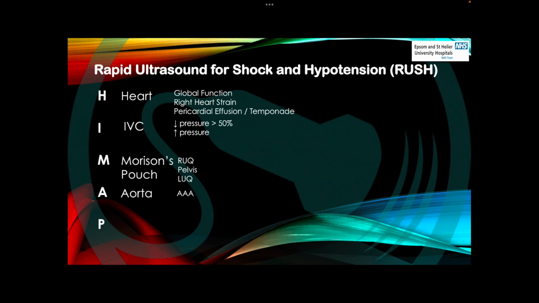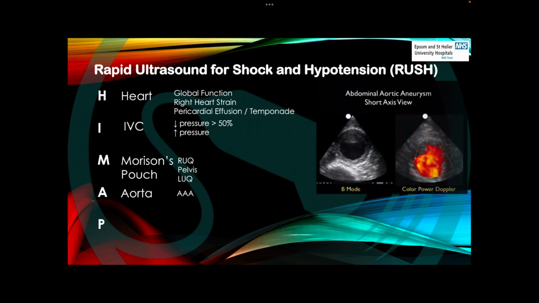If we get to A, which is the triple A, the aorta, always keep in your mind that triple A means 3 A's, which means that the upper limit for the abdominal aorta is 3 centimeters. So if it is more than 3, it means that it is an aortic aneurysm. Looking at this image, you can see that this is the aorta, this is the outer wall of the aorta, and this is the inner wall, and here this is the aneurysm.